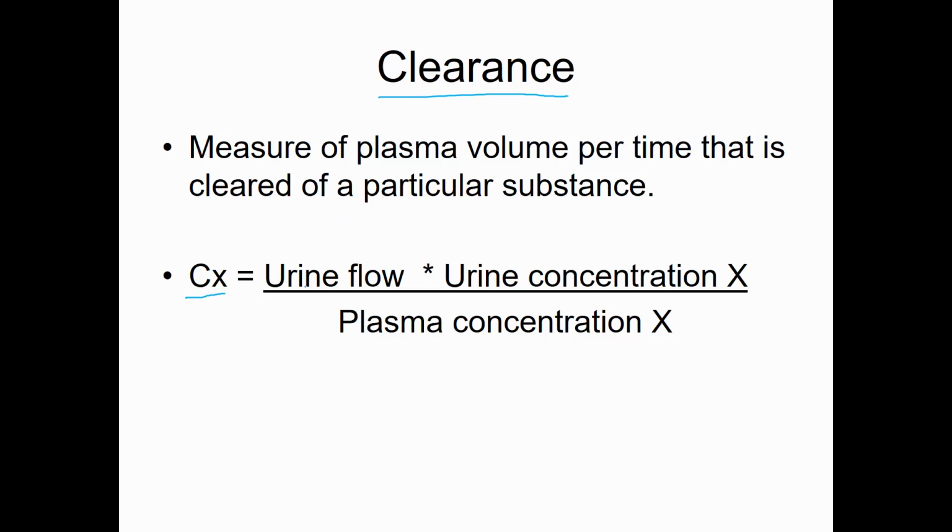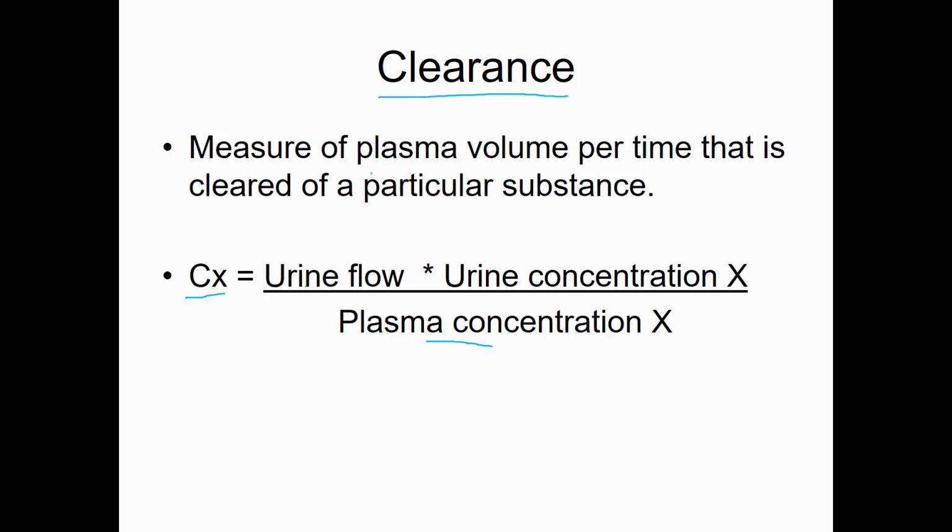And we're going to convert that 24 hours of urine into mils per minute. People don't pee in mils per minute. So you collect a 24-hour sample, and then you extrapolate back to mils per minute, and then you take a plasma sample. And so the lab could take these samples, measure these concentrations, and then calculate a clearance.